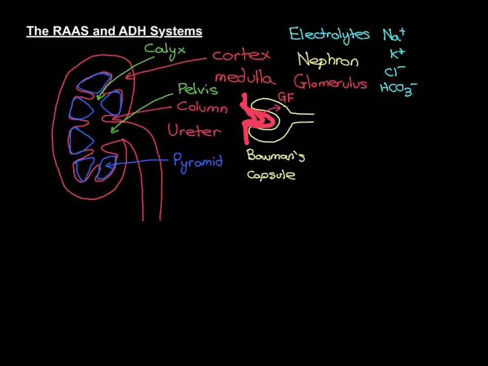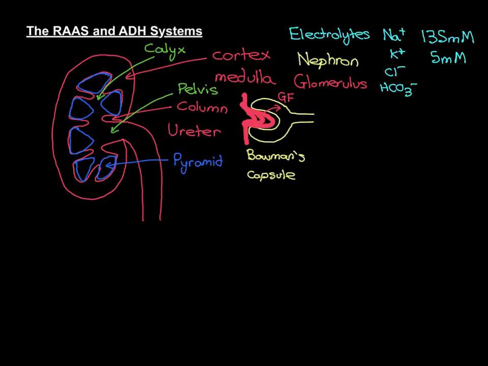Now, in the blood, the concentrations of these different electrolytes are roughly, sodium has a concentration of about 135 millimolar, potassium has a concentration of roughly 5 millimolar, and I'm using these numbers just because it makes it all work out perfectly. But these aren't the exact numbers. These are rough estimates of what the concentration will be in the fluid of the blood.